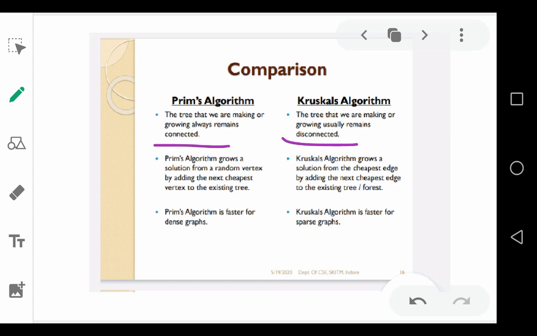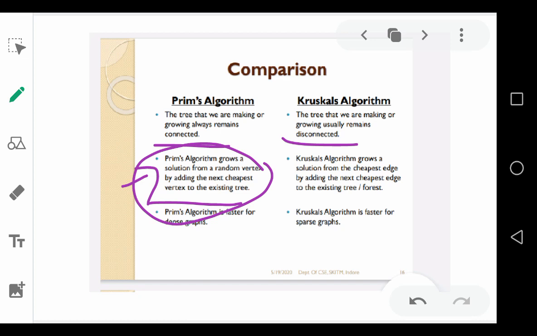Now let's see what is there in Prim's algorithm. In Prim's algorithm, it grows a solution from a random vertex by adding the next cheapest vertex to the existing tree. We start from one point, and after selecting the starting vertex, from there only we are choosing the minimum weight edge.